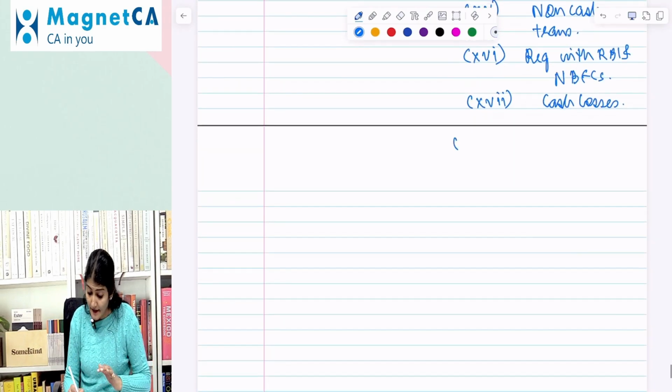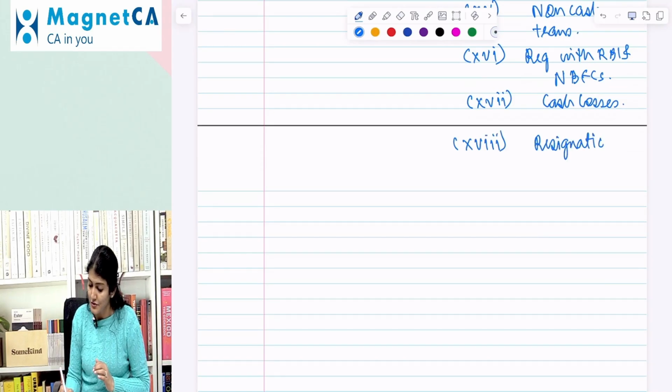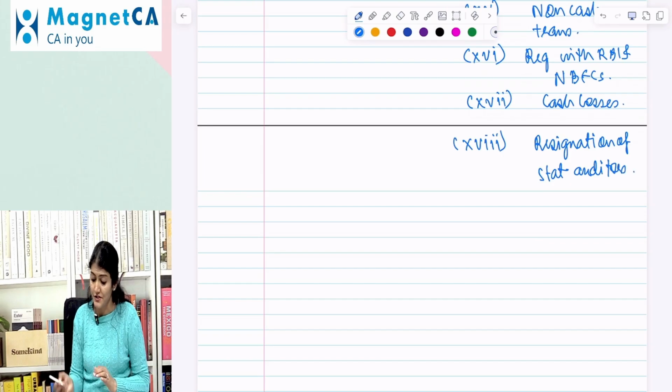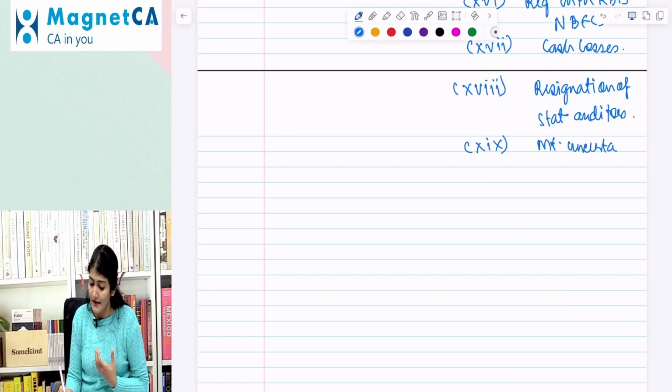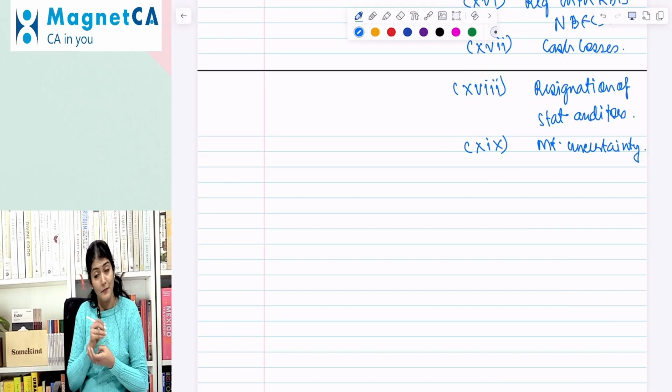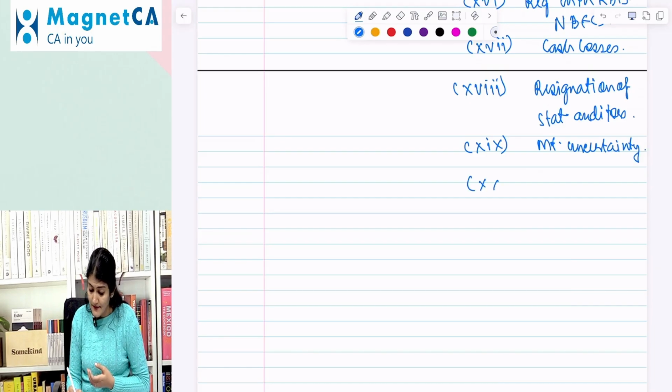Then 18 is regarding the resignation of statutory auditors, whether the auditor has taken into consideration the issues, objections, and concerns raised by the outgoing auditor. 19, the material uncertainties regarding the ability to meet the liabilities. 20 is CSR, corporate social responsibility.